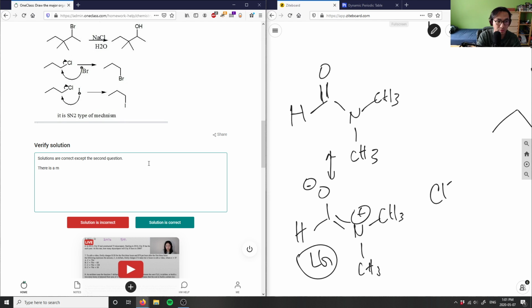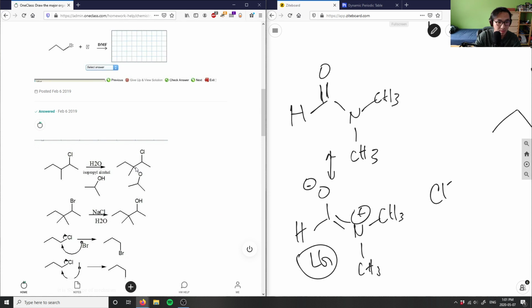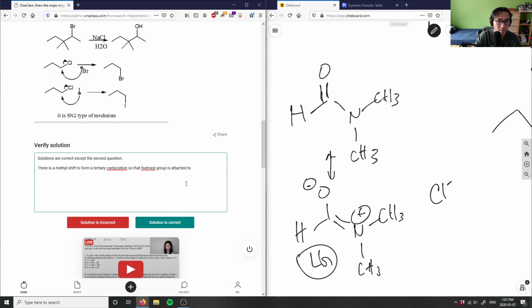There is a methyl shift to form a tertiary carbocation. So the hydroxyl group is attached to, what carbon is this? This here is 1, 2, 3, to carbon 3 instead of carbon 2. So I'm going to say the solution here is incorrect, just because of that second question here.